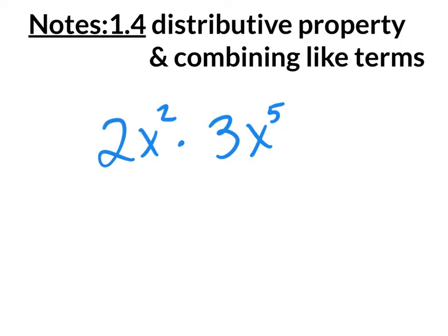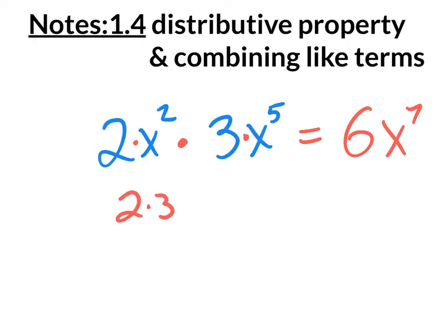Okay? Now, if you guys are thinking, what the heck? How does this answer equal 6x to the 7th? Let me explain that right now so you will know how to do this. First of all, isn't all of this pure multiplication? Right there it does say 2 times x squared times 3 times x to the 5th. So when it's all pure multiplication, you could rearrange things, right? 2 times 3 is the same thing as 3 times 2. So let me put that 2 times 3, and then the x squared times the x to the 5th. So we all know that 2 times 3 is 6.